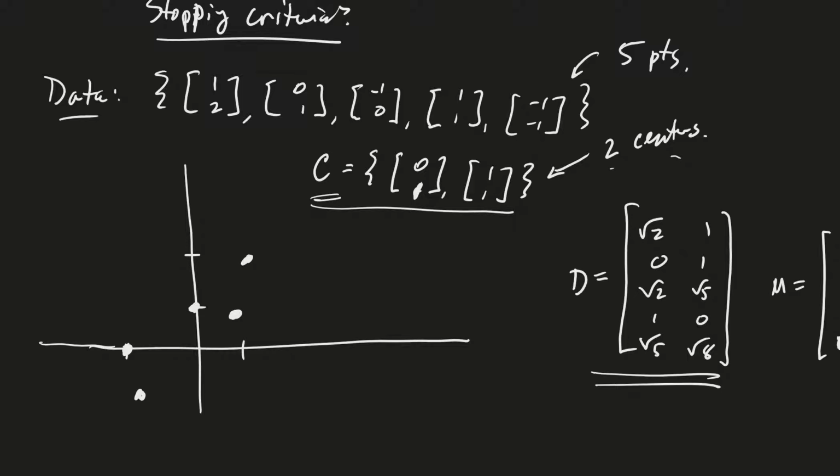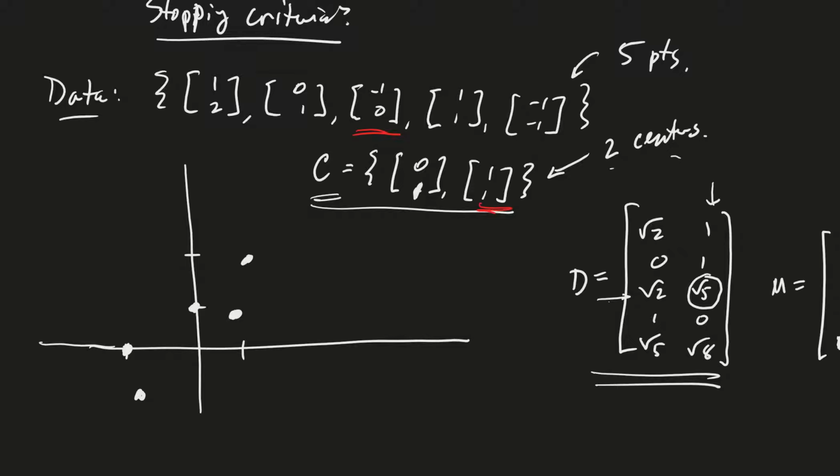For example, what does the square root of 5 represent? It's the distance from data point 3 to cluster center 2. Let's double check that. Data point 3 is (-1, 0), and cluster center 2 is (1, 1).